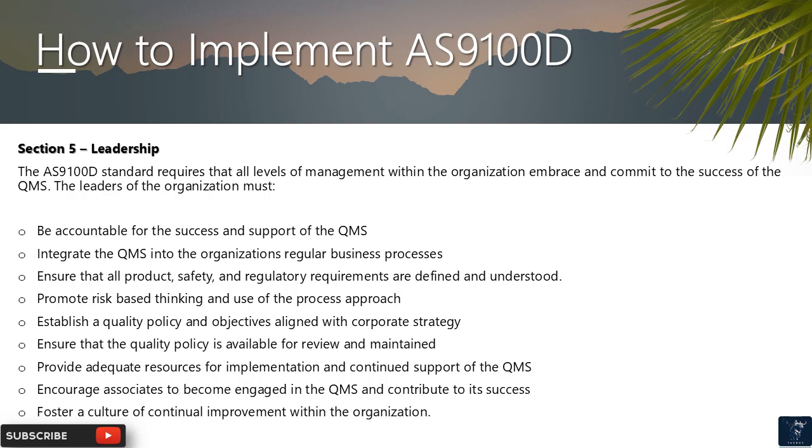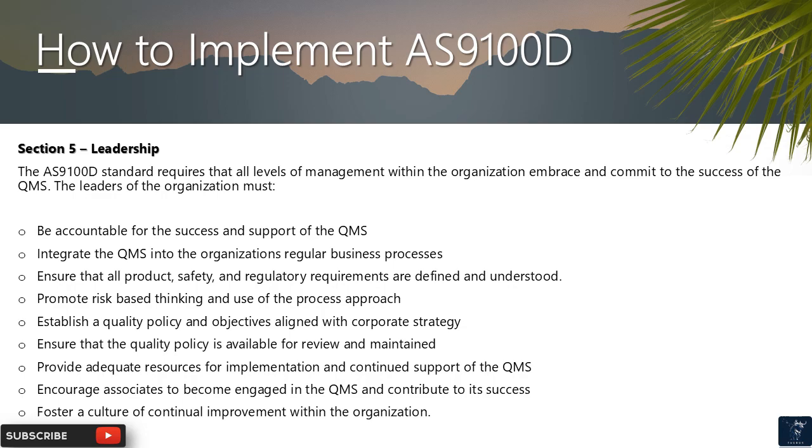Ensure that all product, safety, and regulatory requirements are defined and understood. Promote risk-based thinking and use of the process approach. Establish a quality policy and objectives aligned with corporate strategy. Ensure that the quality policy is available for review and maintained.